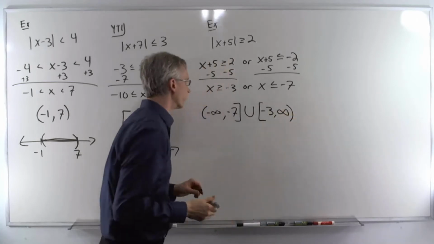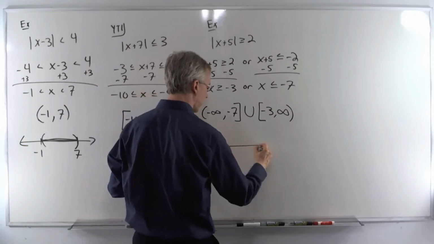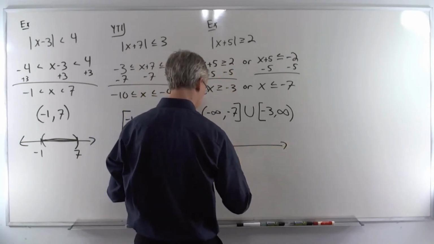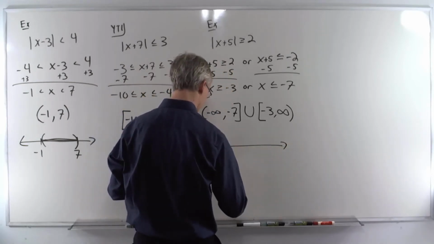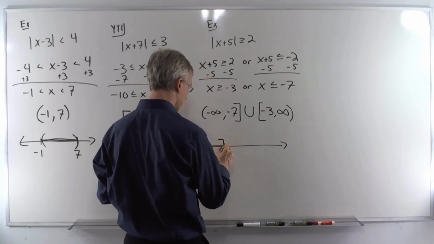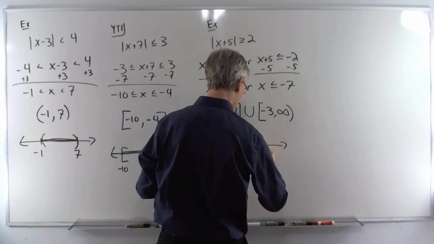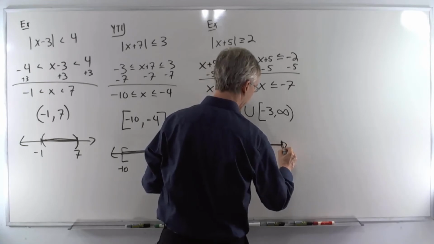Negative 3 to infinity. And the graph then will be one of those split graphs. We've got negative 7 this way. We'll have the bracket, same symbol as in interval notation, and all the way to the left. And then negative 3 over here, and we'll do a bracket, and all the way to the right.